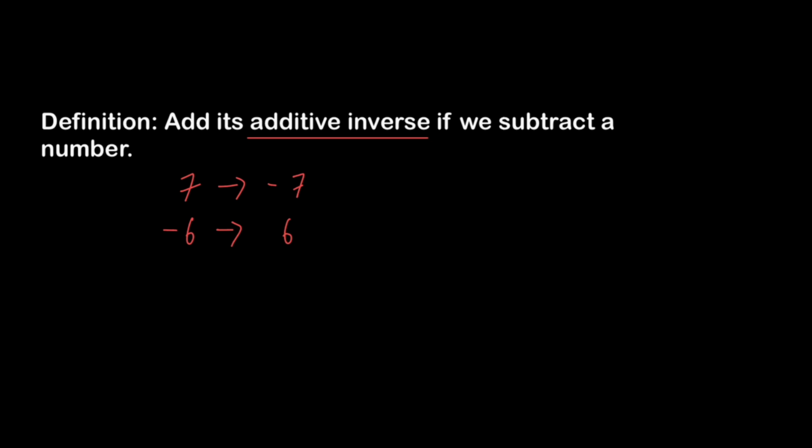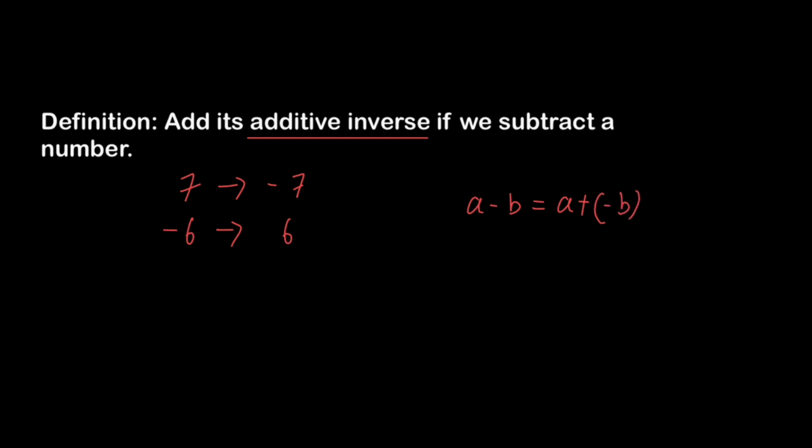Then our general formula to subtract integers is a minus b equals a plus the additive inverse of b, which is negative b.